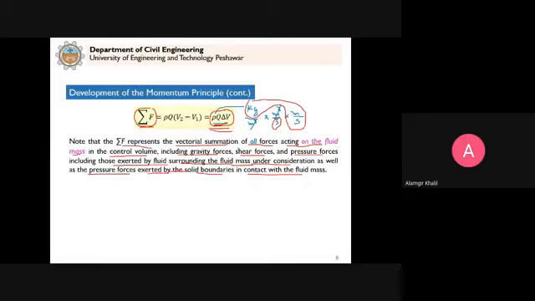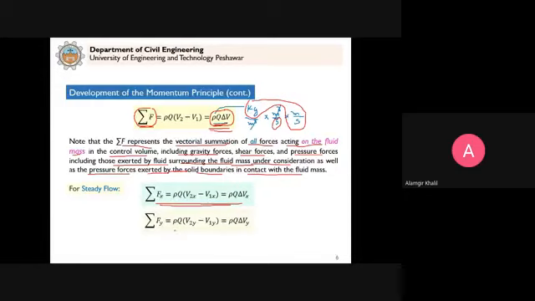So we will see in the problems how we consider these forces summation, and then we calculate the rate of change of momentum. Now, if we have a three-dimensional flow in the x, y, z direction, then the above expression can be written as summation of Fx equal to rho Q into change of velocity in the x direction. If we have flow in the y direction, then summation of forces in the y direction will be equal to rho Q into change of velocity in the y direction, and similarly for the z direction.